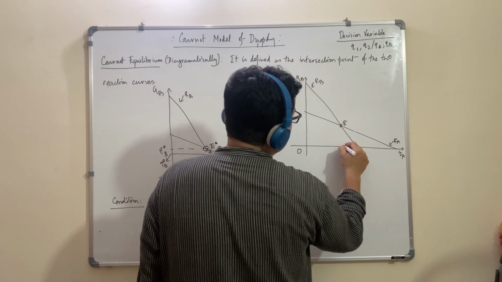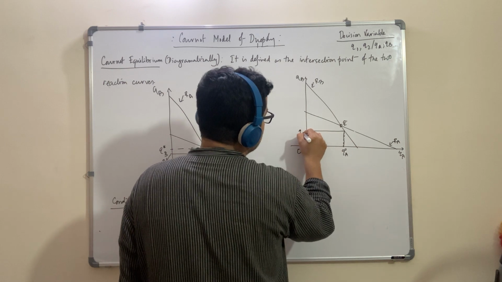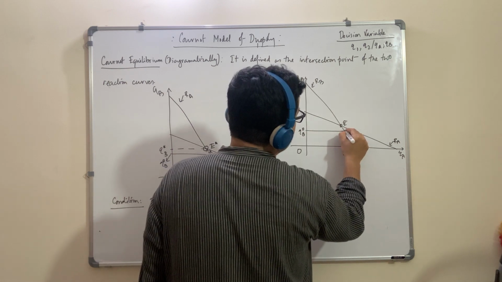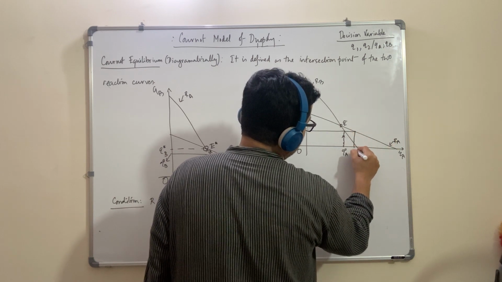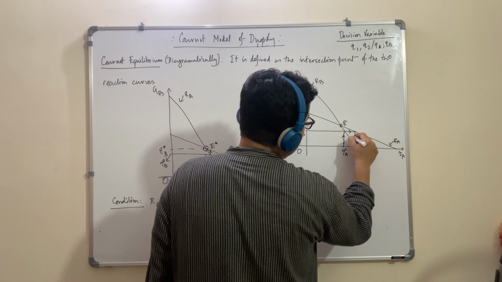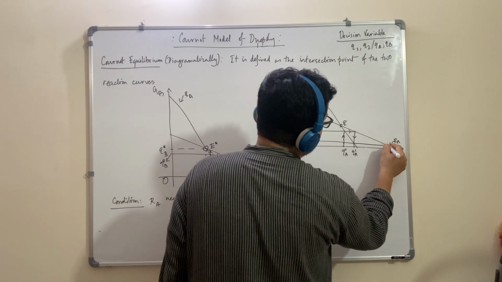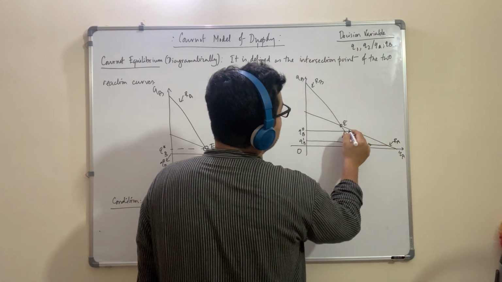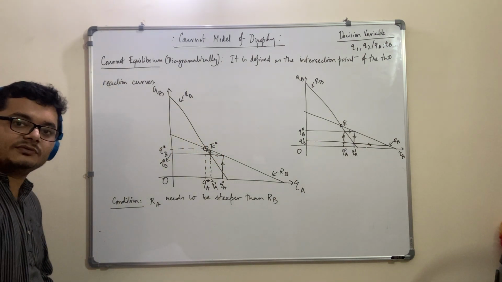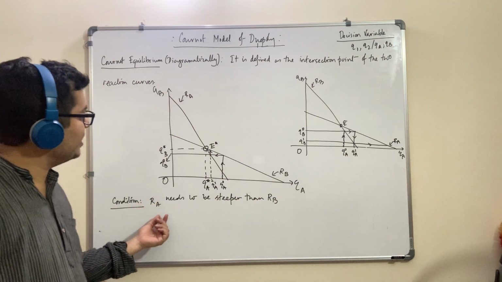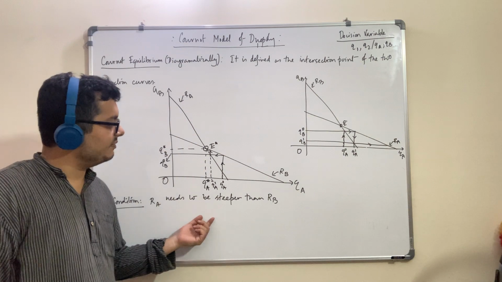Now if this is QA naught, then the reaction for this QA naught will be this QB naught, right? And for this QB naught, the reaction of A will be QA1, right? For this QA1, it will be QB1, and then it will go in this direction. So you can see that it's going outside. So diagrammatically, we have seen that RA needs to be steeper than RB. If the opposite happens, then it will be a disequilibrium.